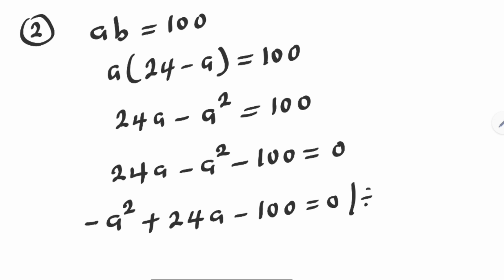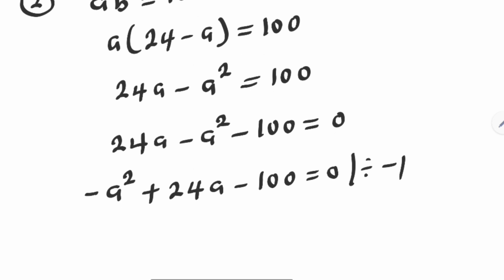Let us divide the whole of this equation by minus 1. Minus A square divided by minus 1, that is A square, plus 24A divided by minus 1, minus 24A, minus 100 divided by minus 1, plus 100 is equal to 0.